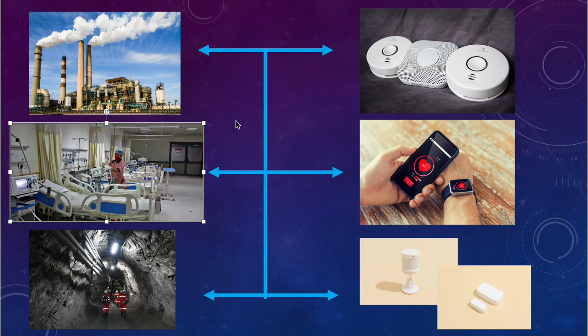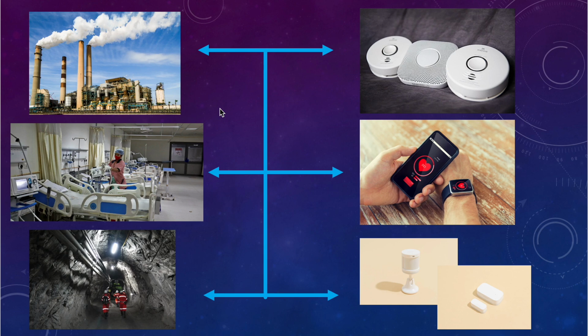Then if we have health monitoring devices, let's say in a steel manufacturing plant, if you take workers of a steel manufacturing plant, workers in a fertilizer manufacturing plant, or let's say a coal power plant, cement production, heavy industries like that, we can give workers health monitoring IoT devices.